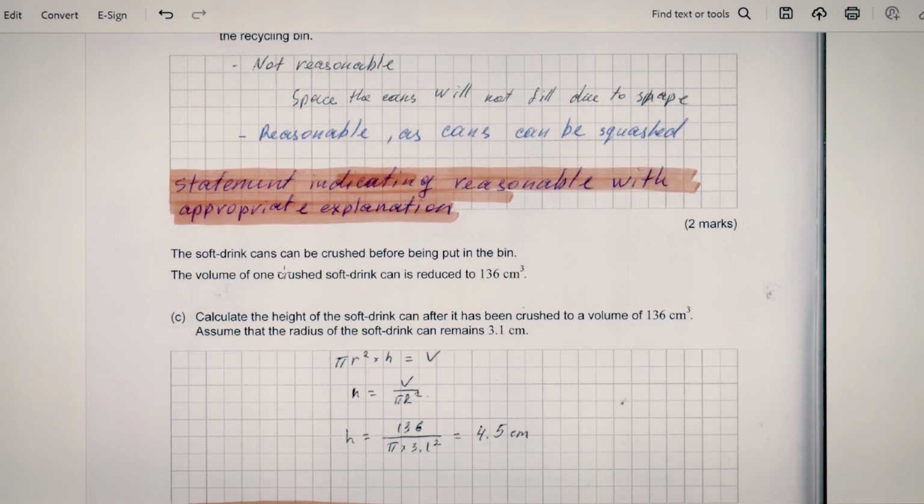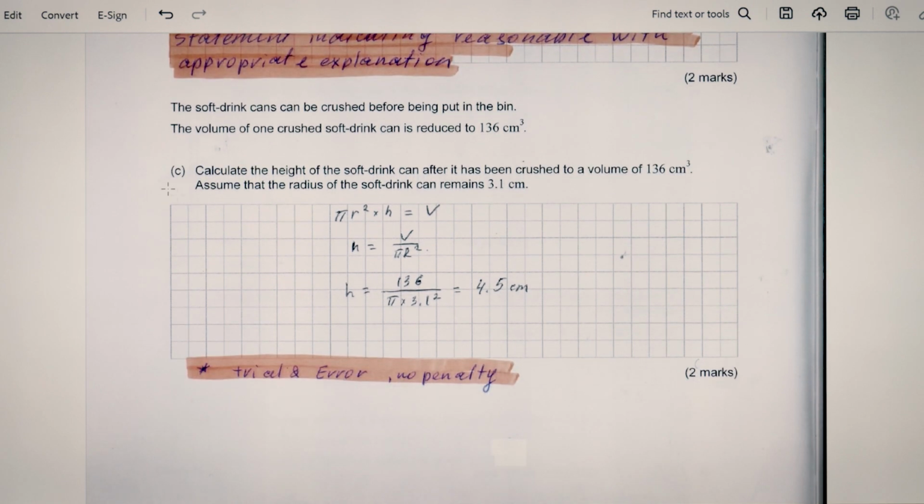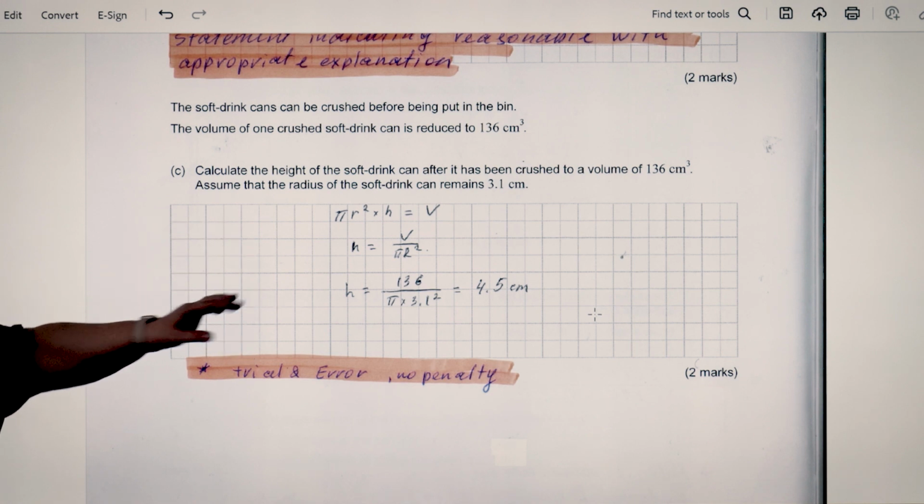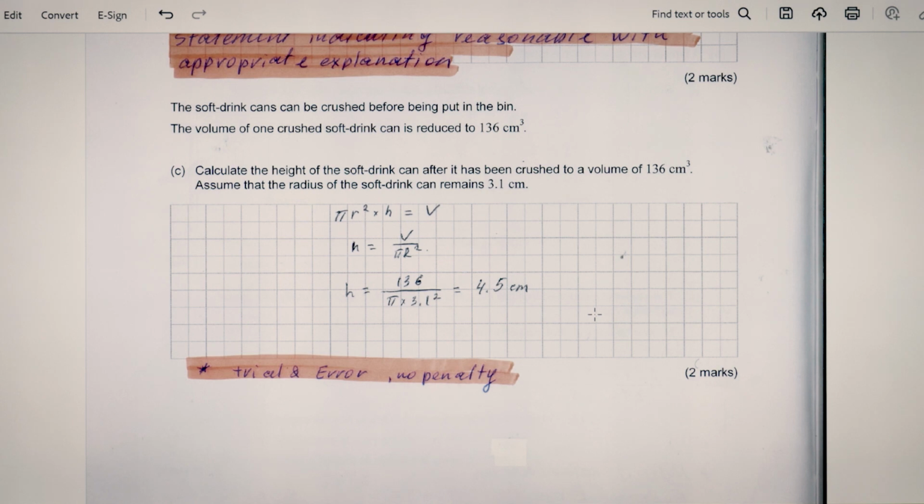And the last question, they ask you to calculate the height of the soft drink can after it has been crushed to the volume of 136 centimeters cubed. It was rare that students did it this way, where they have the formula, substitute, and rearrange to find h. We had cases where students were doing that, and it was great to see.